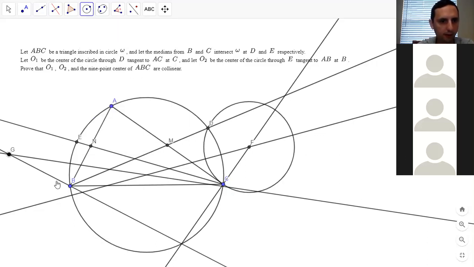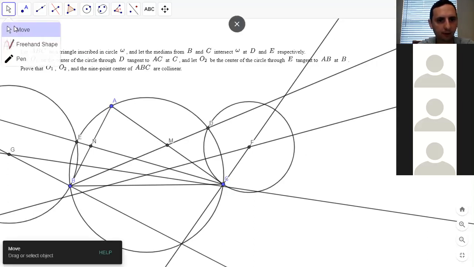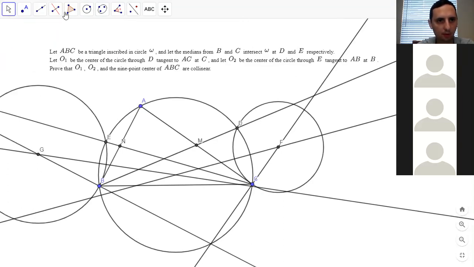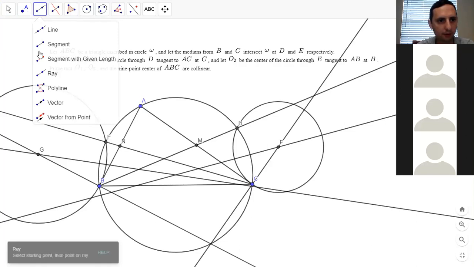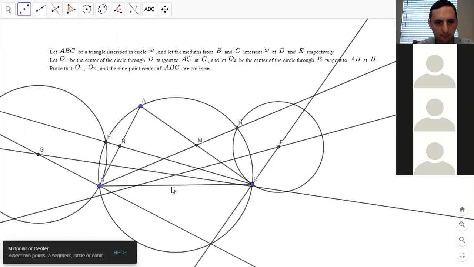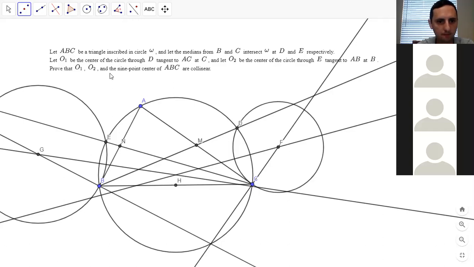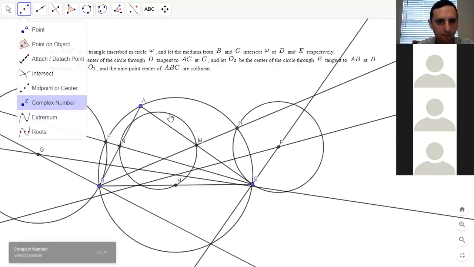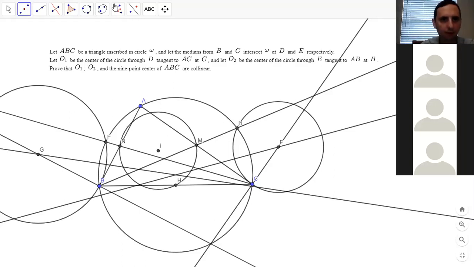And then we want to show GF and the 9-point center are collinear. So I'm going to draw the 9-point center. All right, let me make it a little nicer.